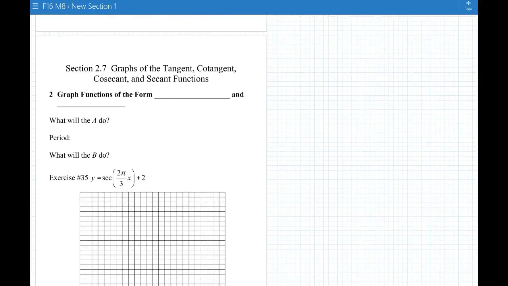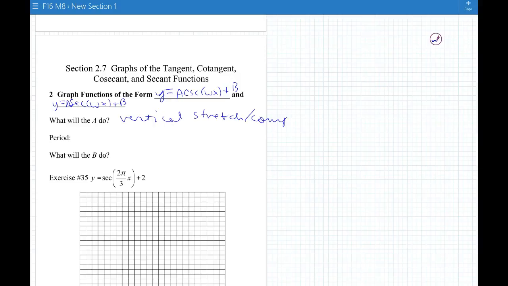If we graph functions of the form y equals A cosecant of omega x plus B and y equals A secant of omega x plus B, the A is still doing a vertical stretch or compress because it's happening after the trig function happens.